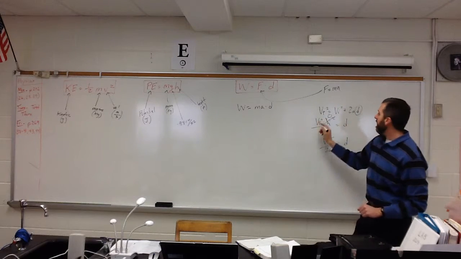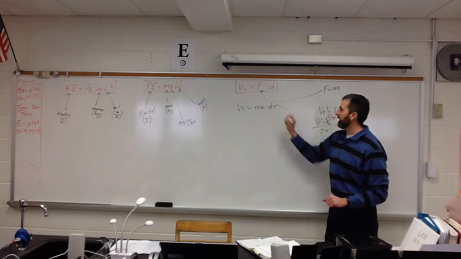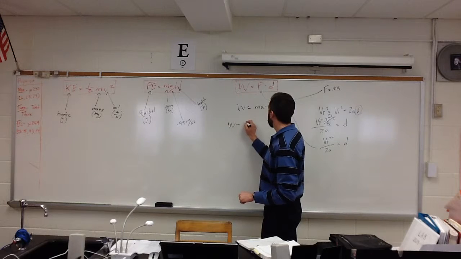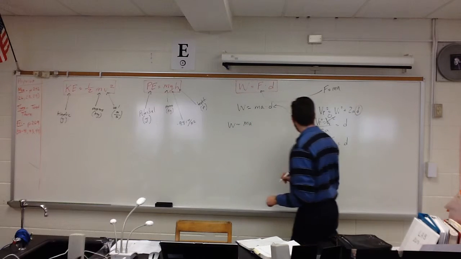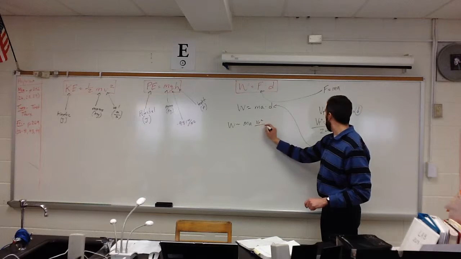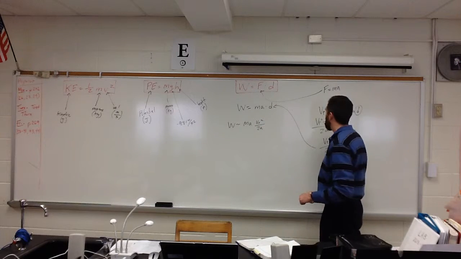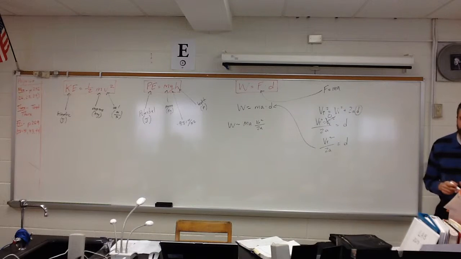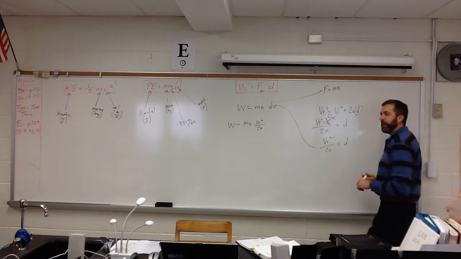I'm going to bring that back over and plug it in right there. So I get W equals m times A. And in this part right here, I'm going to plug in Vf squared over 2A. It seems I kind of have a mess, but it's not so bad. Watch this.